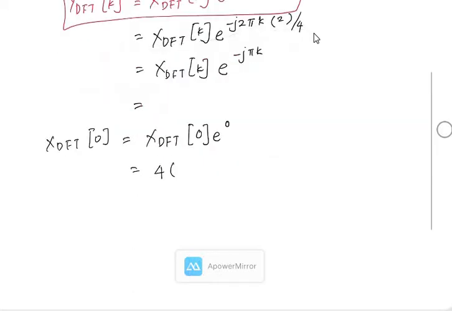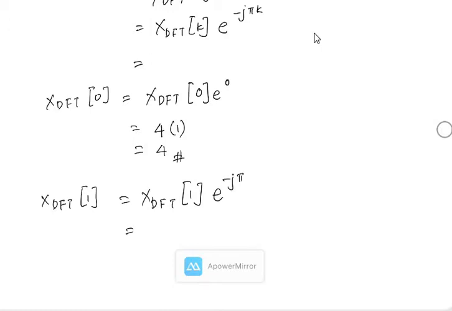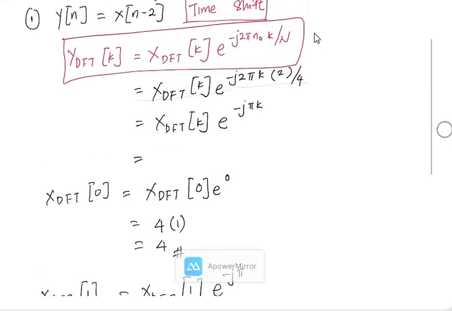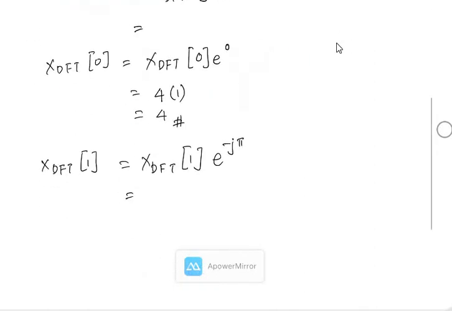Then Y[1]: I substitute the value of 1 for k, and exponent minus j pi k. X[1] is negative 2j, referring to the given X DFT. So this is minus 2j.